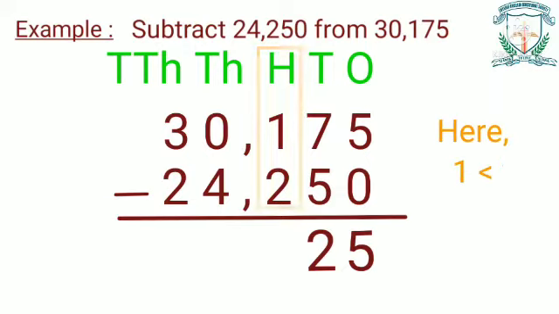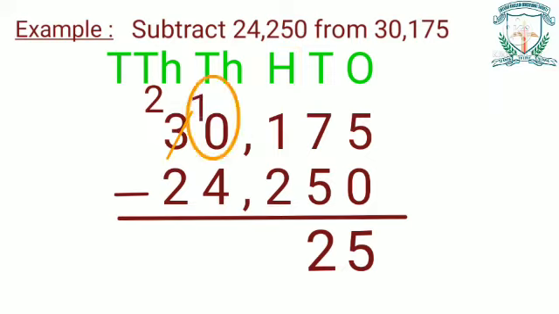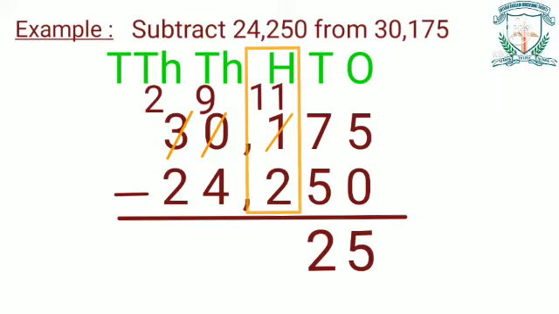Here, 1 is less than 2. So, we need to borrow from the higher places. That is, 3 will become 2 and 0 will become 10. Then 10 will become 9 and 1 will become 11. That is, 11 minus 2 is equal to 9. Write 9 in 100's place.